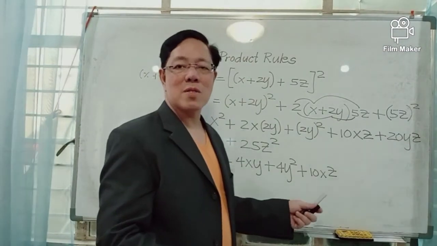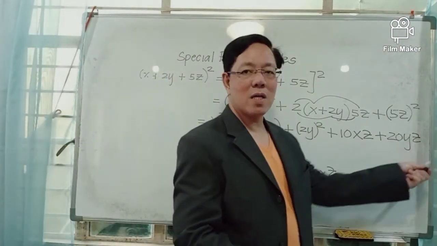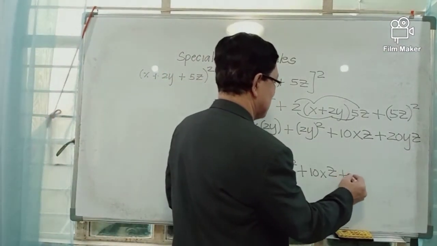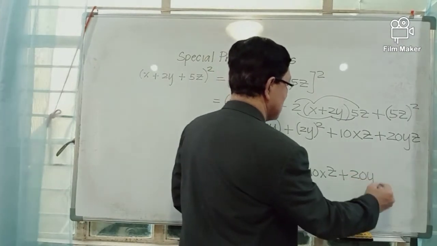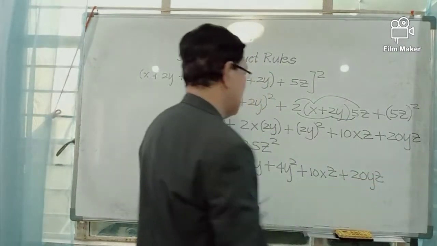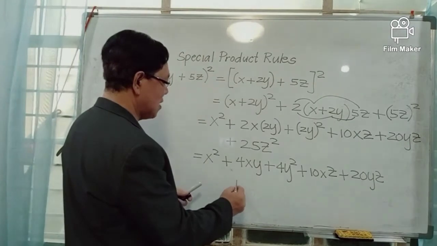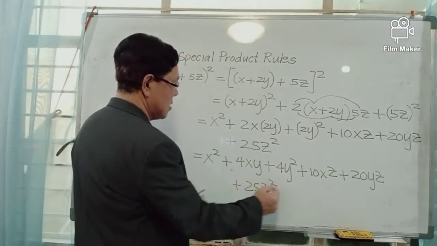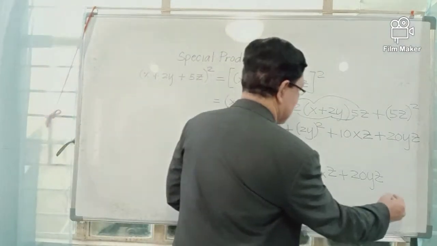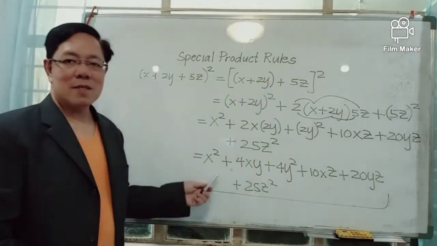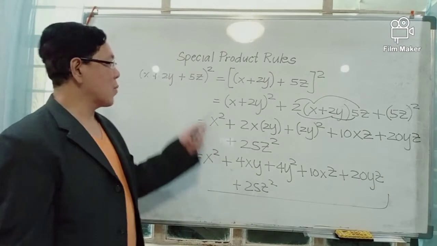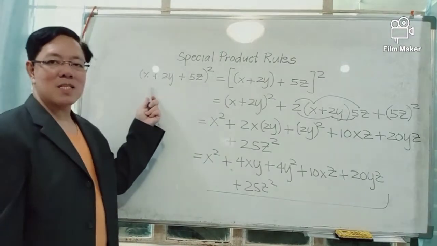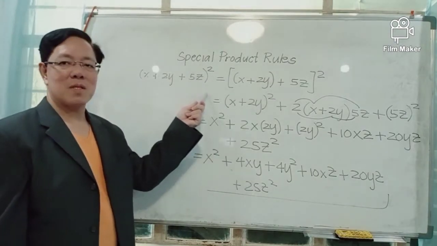The remaining terms are as is, plus 20yz, plus 25z squared. This is the expansion of the square of the trinomial x plus 2y plus 5z.